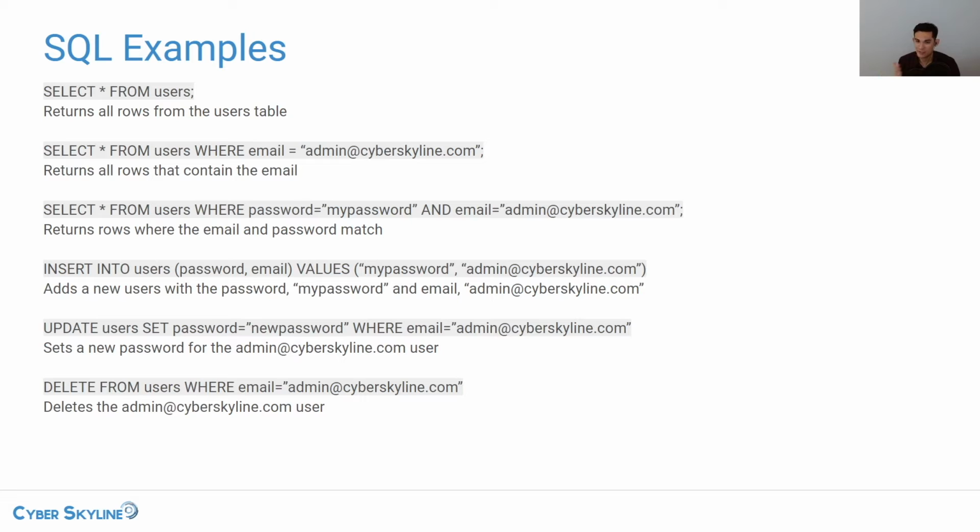And so that's why you see the command saying WHERE email equals, and then you have the quotes with the text for the email address. Another thing here is when you want to specify which email address it is, you use equals to signify that, right? So that's why you have email equals, and then you have admin@cyberskyline.com in those quotes.